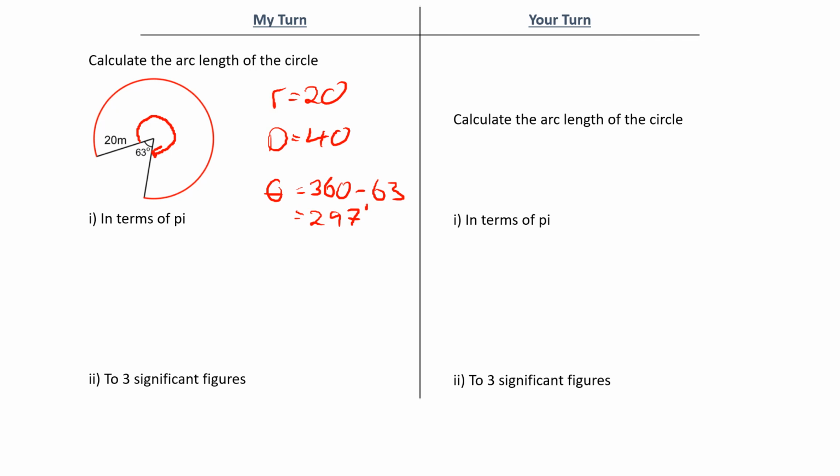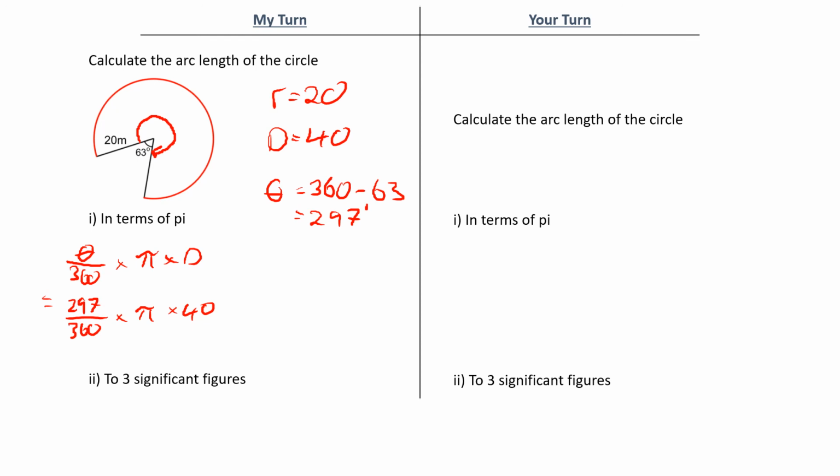Our theta in this case is 297. Formula again, theta divided by 360 times pi times diameter. So we get 297 divided by 360 times pi times 40. Into your calculator, 297 over 360 times 40 times pi.